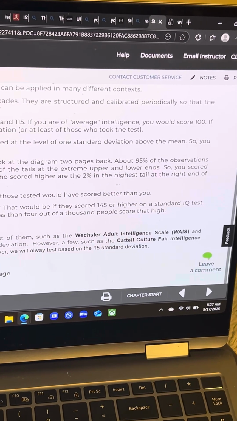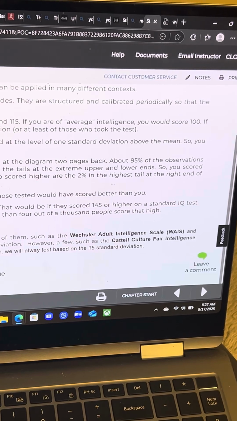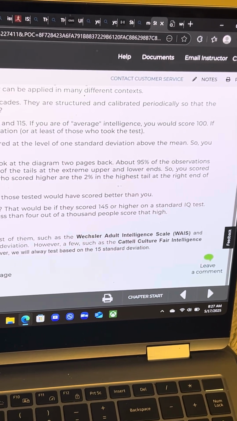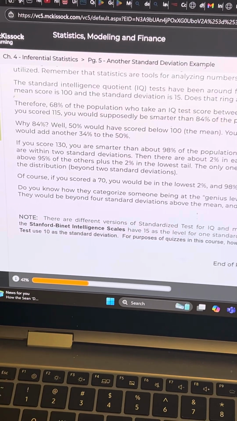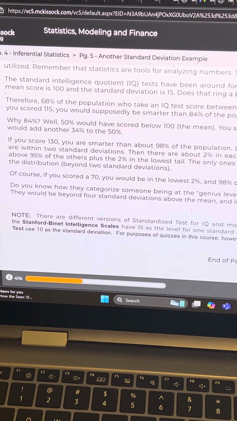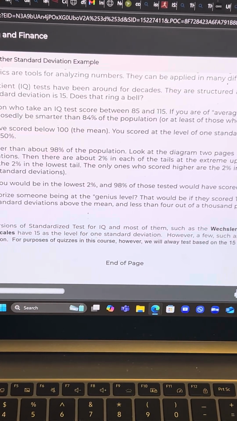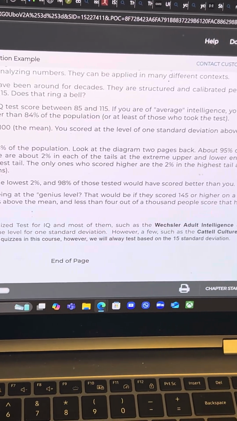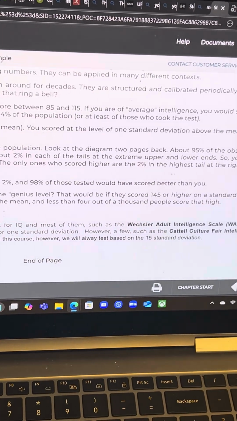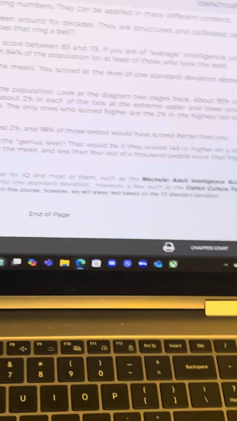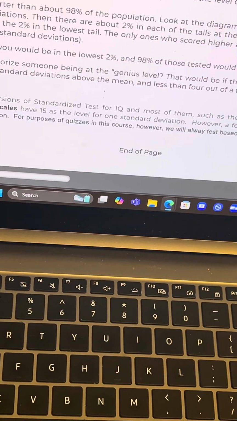However, a few, such as the Cattell Culture Fair Intelligence Test, use 10 as the standard deviation. For purposes of quizzes in this course, however, we will always test based on the 15 standard deviation. End of page.